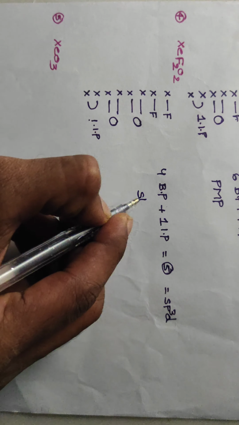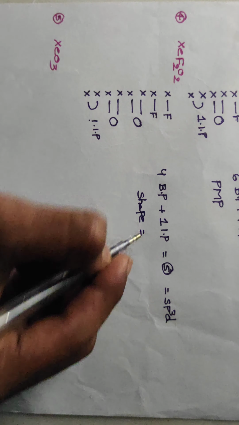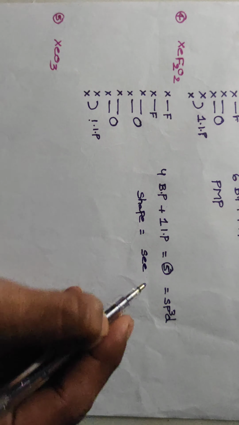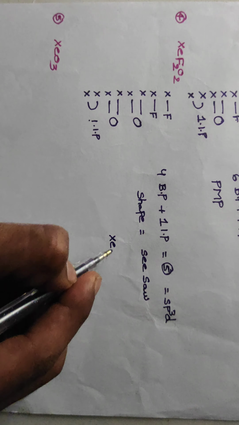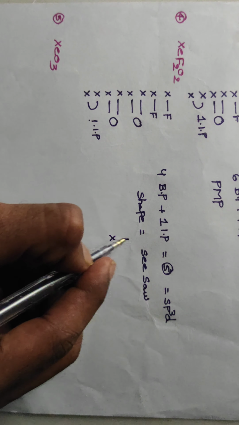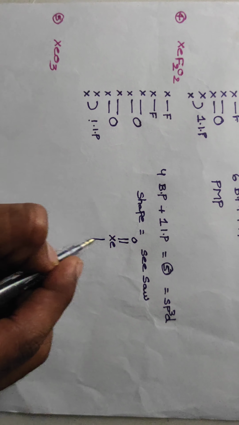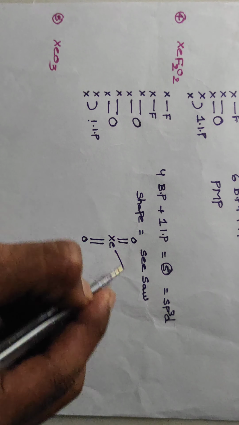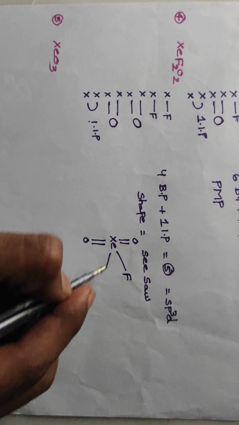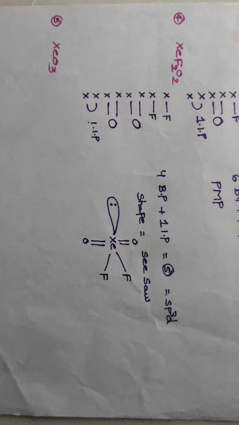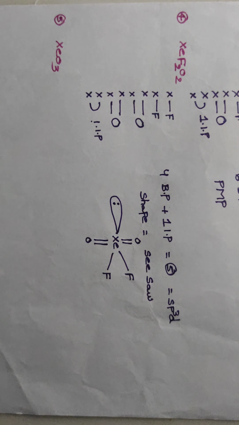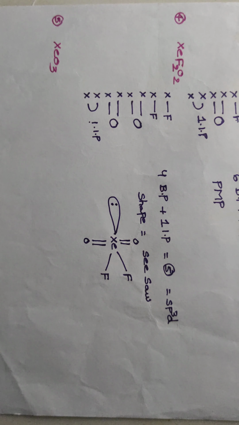The shape is seesaw. In the XeF2O2 molecule, xenon is bonded with 2 fluorine atoms and 2 oxygen atoms.